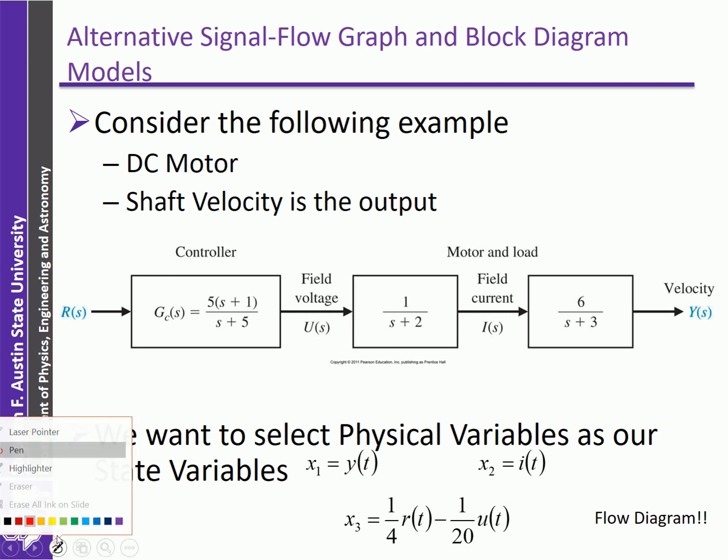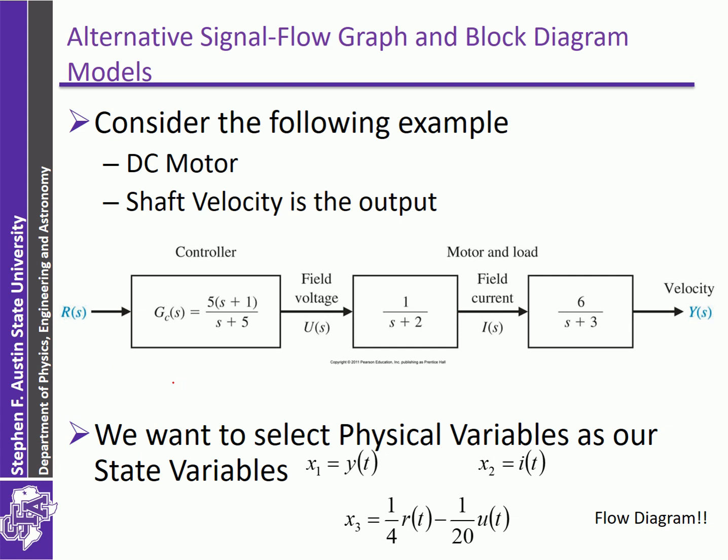If we expand all the terms, that will be equal to 5s plus 5 over s plus 5. Then we multiply top and bottom by s to the power of minus 1. This is going to be 5 plus 5 s to the power of minus 1 divided by 1 plus 5 s to the power of minus 1.